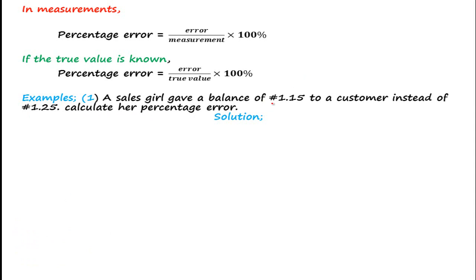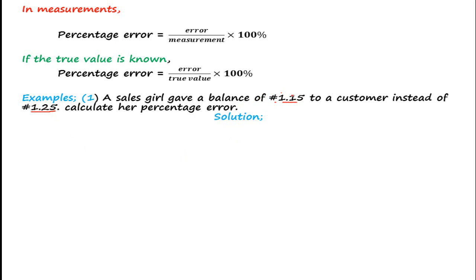Now this guy mistakenly gave his customer this change, and actually he's supposed to give his customer this one. So that means the true value should be 1.25 naira.